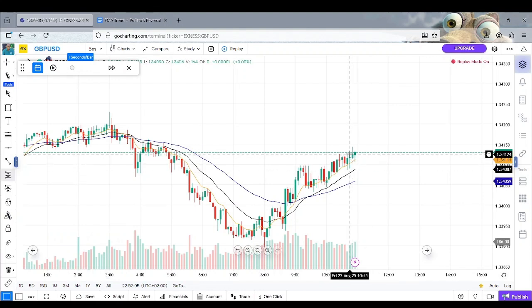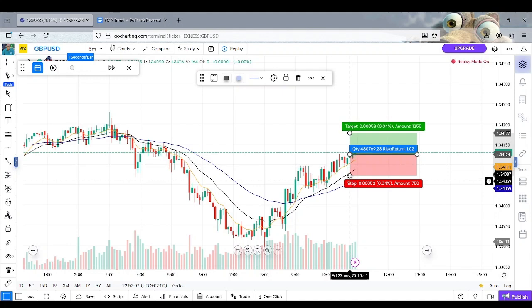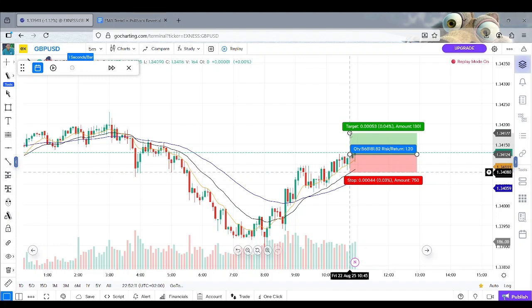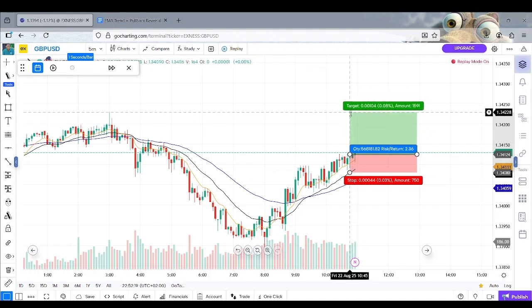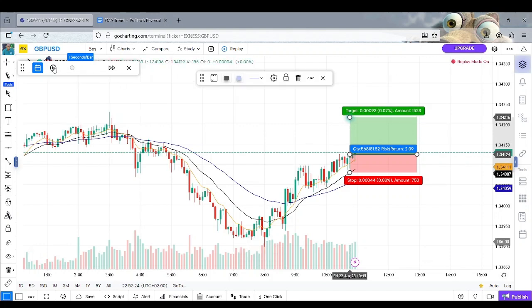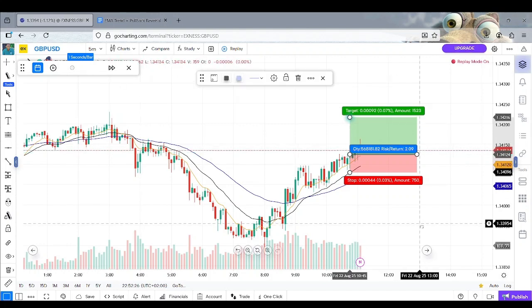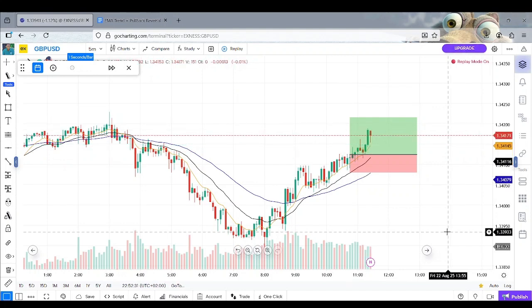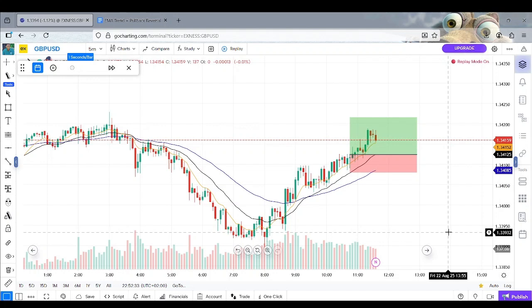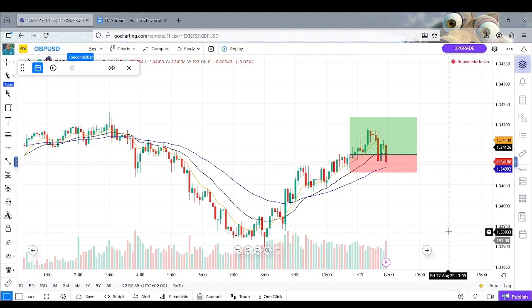No risk, no Ferrari, somebody said. And let's stop loss it here. 1 to 2. Oh, that's a bit too much. Okay, let's keep going. Oh, that's close.